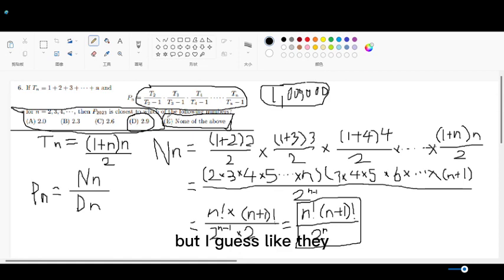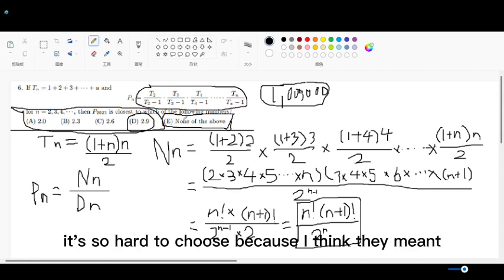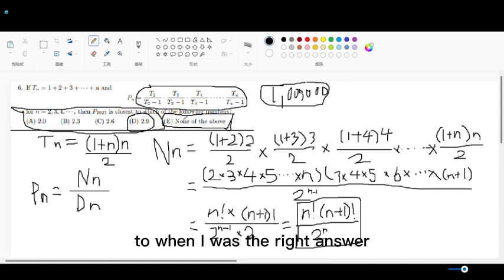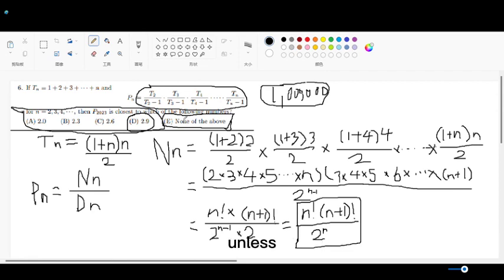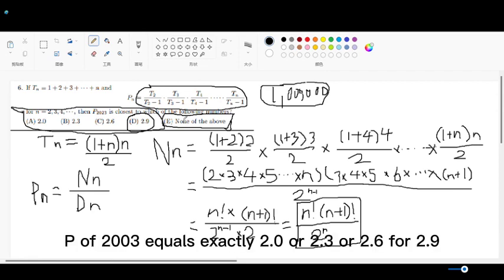But I guess, oh my god, it's so hard to choose because I think they meant 2.9 was the right answer, but technically it isn't. E is always the right answer. In this case, there's no way that E isn't the right answer unless P of 2023 equals exactly 2.0 or 2.3 or 2.6 or 2.9.